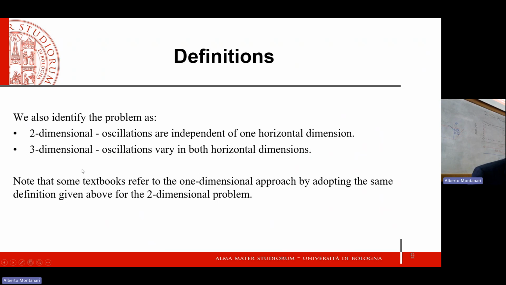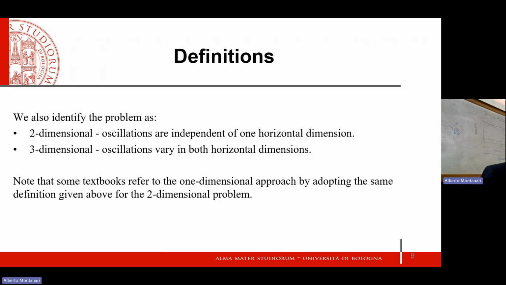Note one thing, some textbooks refer to the 2D problem as a 1D problem, because basically our problem is to describe the oscillation of the wave along the vertical direction.